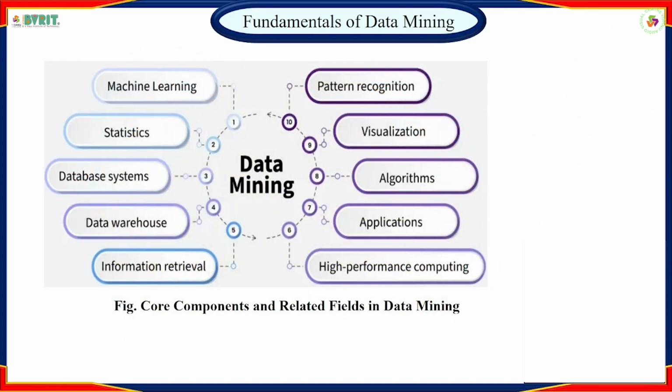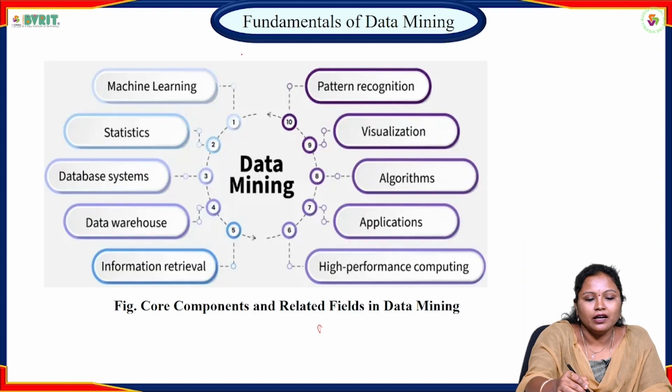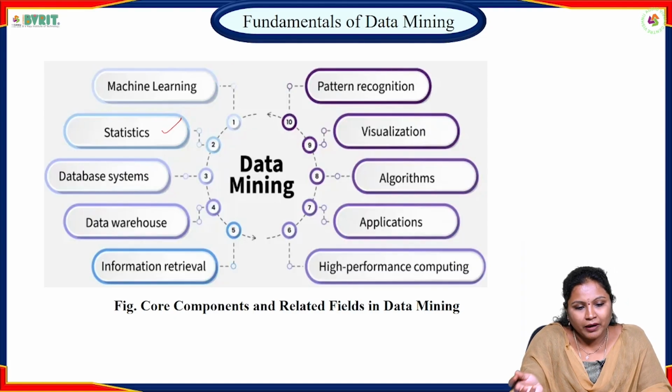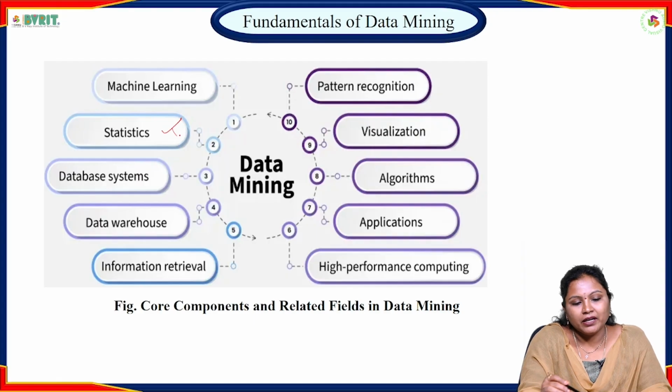So here you can see what the core components of the related fields in data mining are. Data mining deals with machine learning. To mine the data we require some models, some algorithms. That is the reason we use machine learning, and after mining the data we do the statistical analysis. Data mining sometimes may be in the form of a database system also, in the sense of tables and columns, data warehouse, and information retrieval.